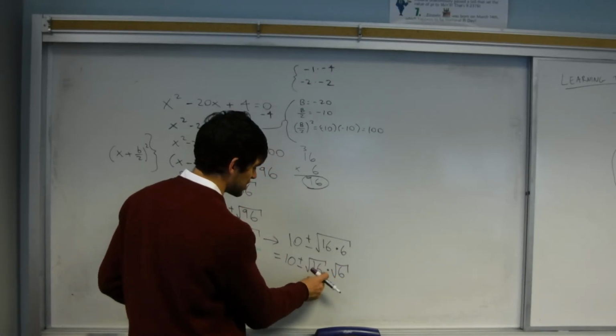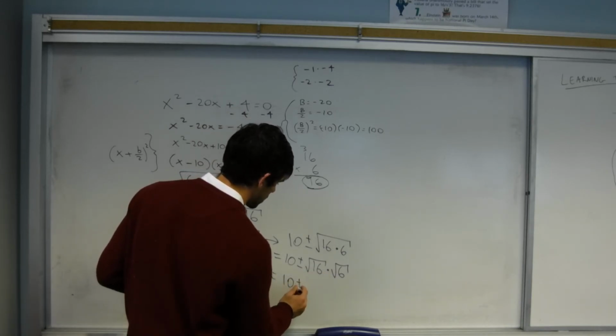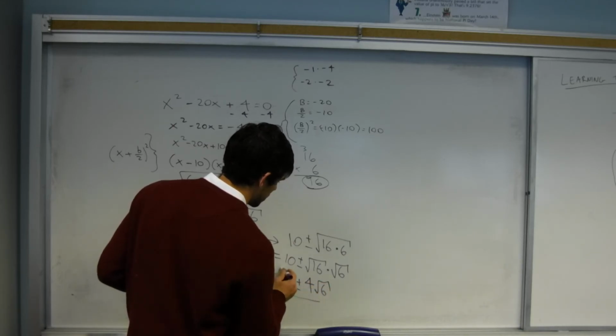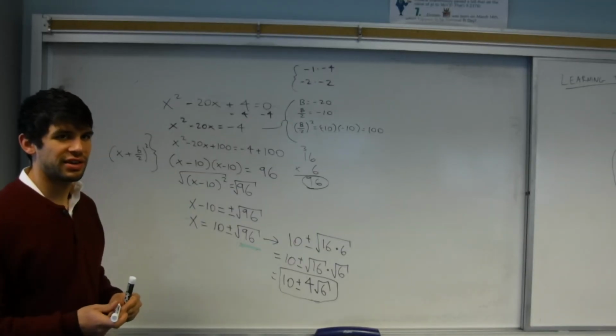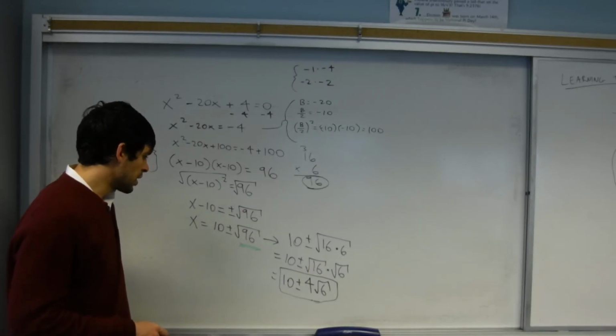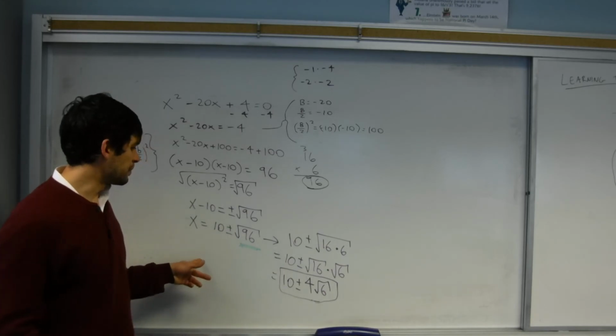Square root of 16 is 4, so we get our final answer is 10 plus or minus 4 times the square root of 6, and this would be the answer, our most simplified answer, which I'd like to see on homework and tests. And additionally, we could plug this into our calculator and see what we got.